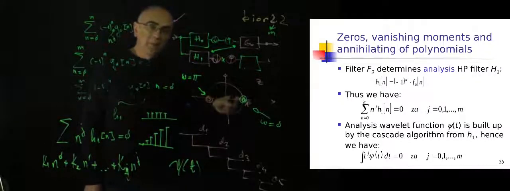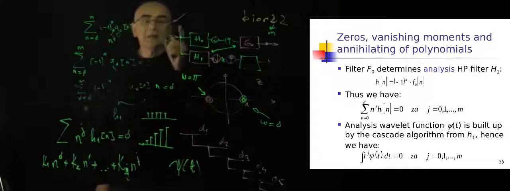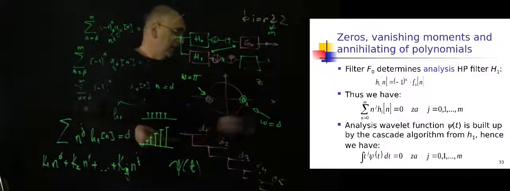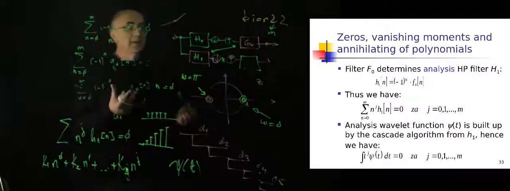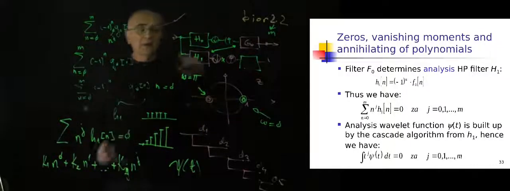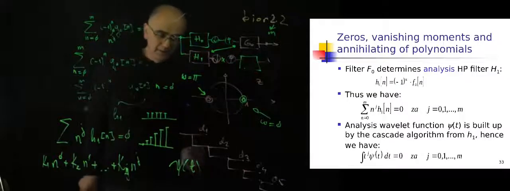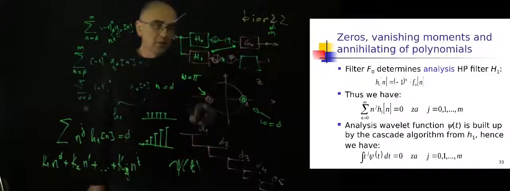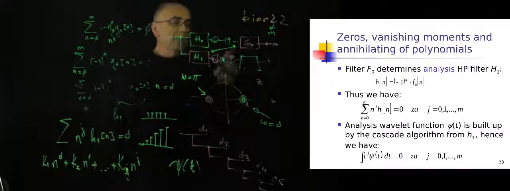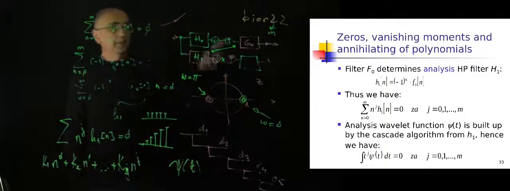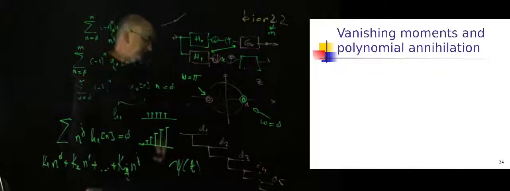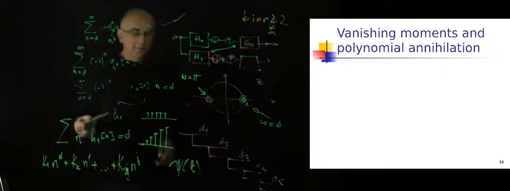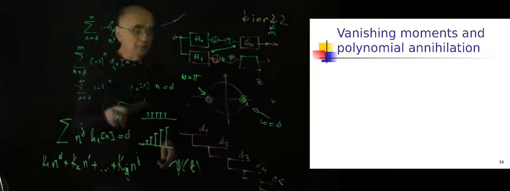If the moments disappear, we call them vanishing moments. So that's why we often talk about vanishing moments of the wavelet functions, not always about zeros of the individual filters. We are talking about vanishing moments and the polynomial annihilation property.